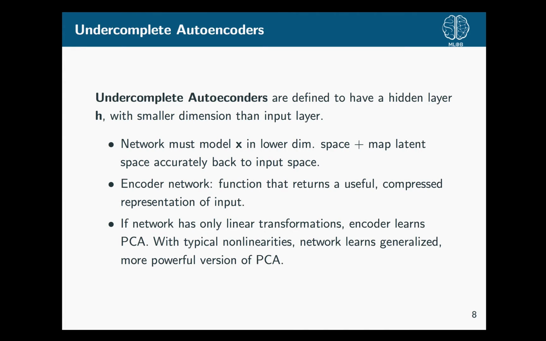So if you've taken some linear algebra course, then you've probably heard of this idea of PCA, principal components analysis. The typical use case for that is you have a matrix in some high dimension, and you can describe the matrix as basically multiples of, or it's spanned by a bunch of different vectors.